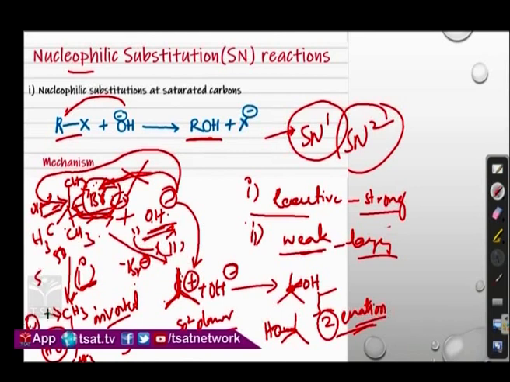If I increase the OH minus to 100, there will be double the probability of OH minus attacking the starting material, so double the speed is going to happen. So the reaction speed, which is nothing but the rate, increases by increasing the concentration or number of molecules of the OH minus.